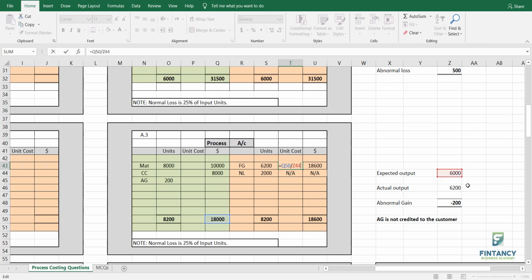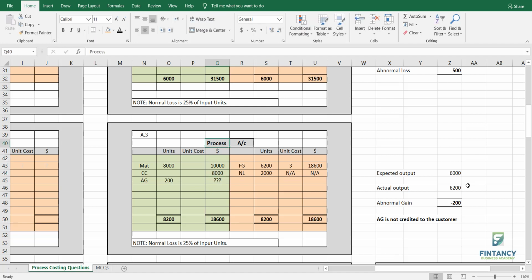So let me change this formula here, and I will manually punch here 18,600. Now I can change it. So 18,600 I am writing here. So my friends, if you see there is a gap here, how much? This total is 18,000, but the total is how much? 18,600. So where is the difference? Here is the difference, right?